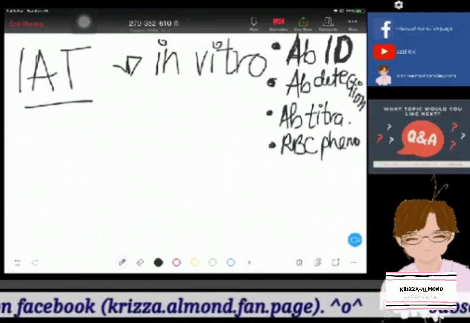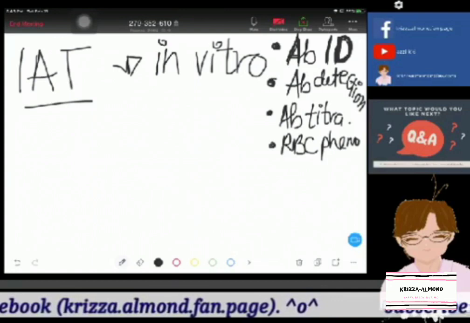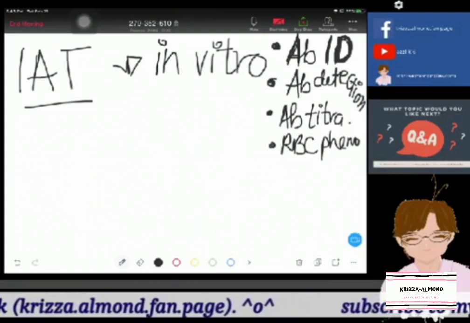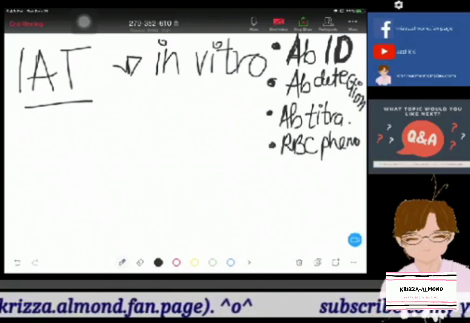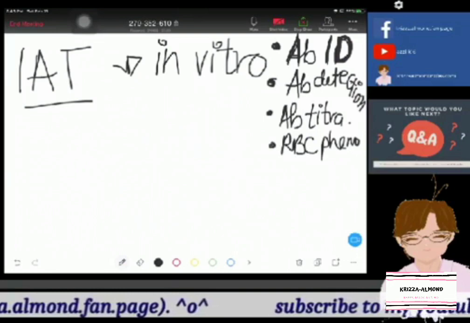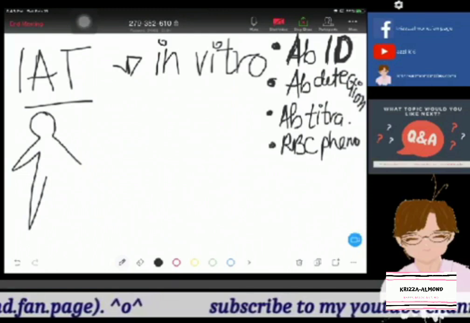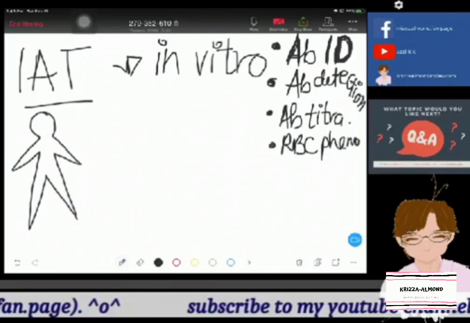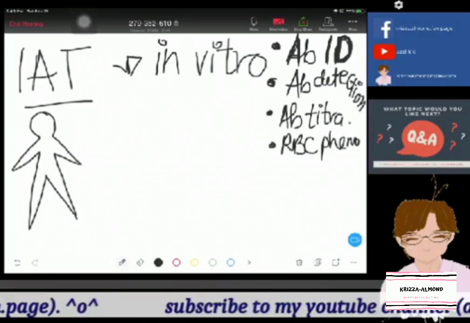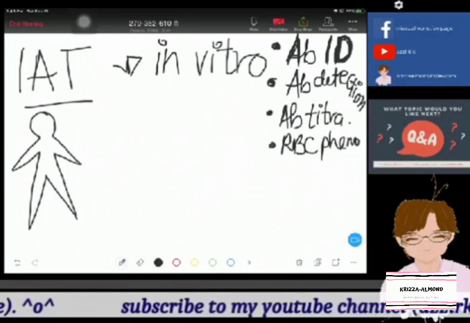Okay? And I want to use antibody detection as my example. Okay? I want to know if the patient has an antibody that will react with my cell. So, what we want to do here is collect a specimen from our patient. Alright? So, this is our patient for IAT. And the question I have in mind right now is whether this patient has the antibody.